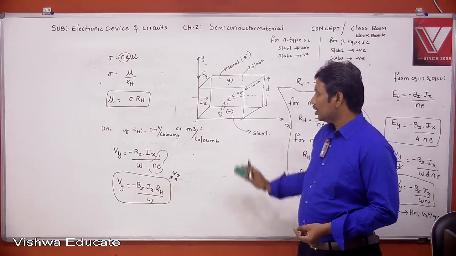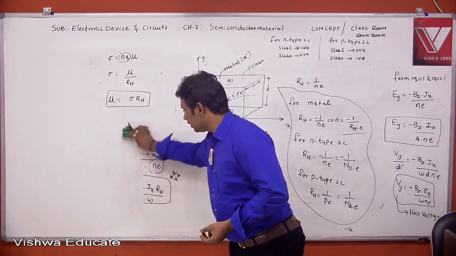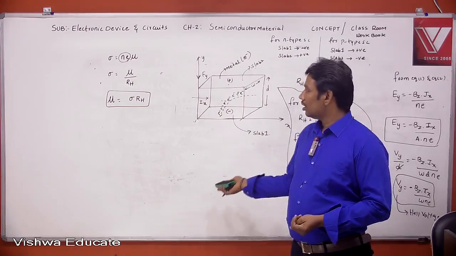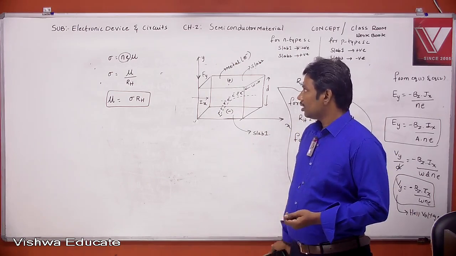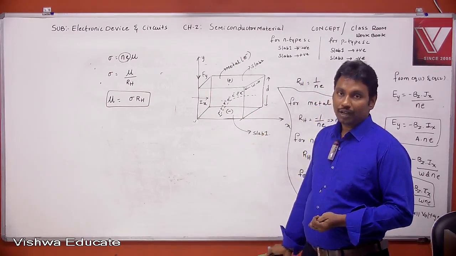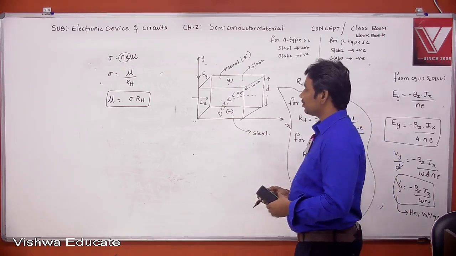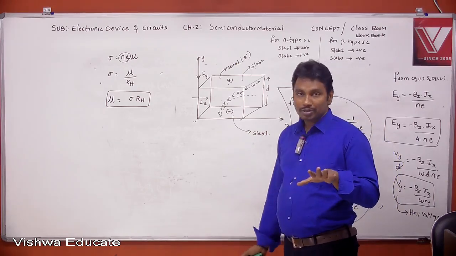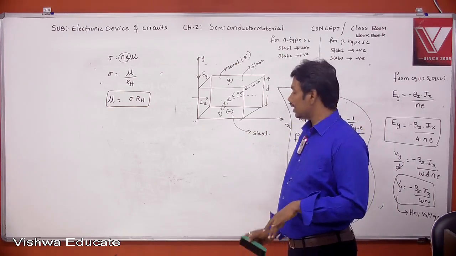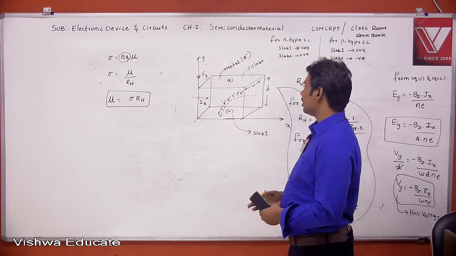And one more application. This Hall effect is used as a Hall transducer. How can it be used as a transducer? What is a transducer? A transducer converts one form of energy to another form of energy. How can it convert one form of energy to another?